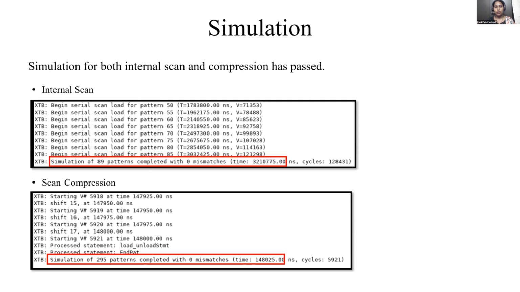If the actual output matches the expected output, then there is zero mismatch. If both are not the same, it will show some mismatches, like 5 or 10 mismatches, however many there are. So zero mismatches means the simulation is okay, and the functionality of the design after adding everything is the same.